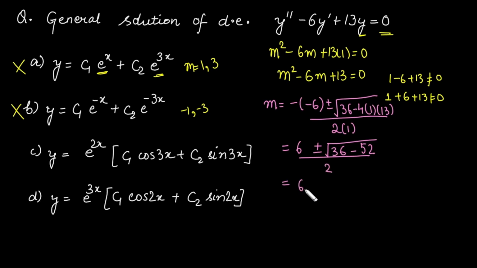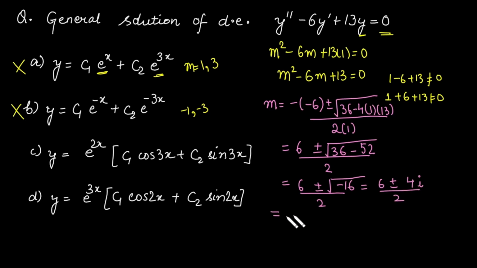This is equal to 6 plus minus under root minus 16 by 2. This is equal to 6 plus minus under root of 16 is 4, and under root of minus 1 is iota, divided by 2.